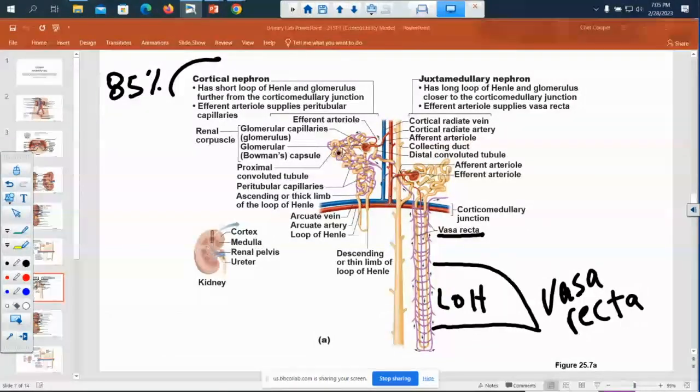That means they're like this one, mostly in the cortex, and their loop of Henle might just barely go into the medulla. So how many percent are these? 15%. And of this 15%, because the name is more complex, I'm going to write it for you.